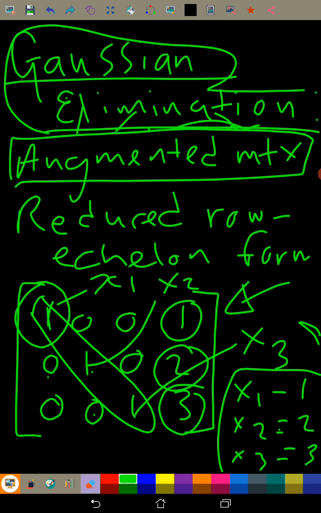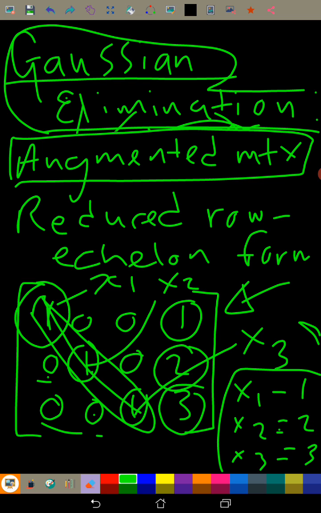If a row does not consist entirely of zeros, then the first non-zero number in the row is a 1. We call this a leading 1. So here we have a leading 1, here there is a 0 but then the first number is a 1, a leading 1, and here 0, 0, 1. So we have the leading ones here.